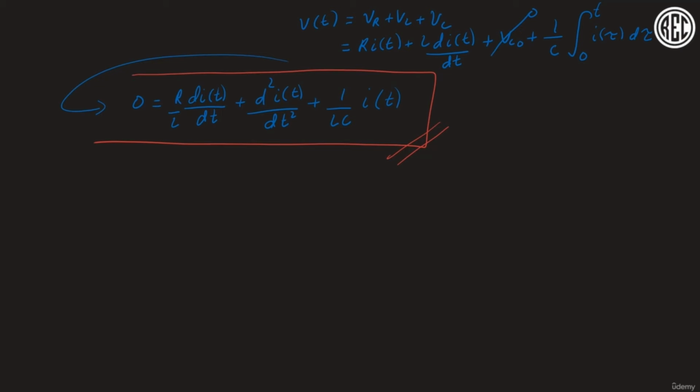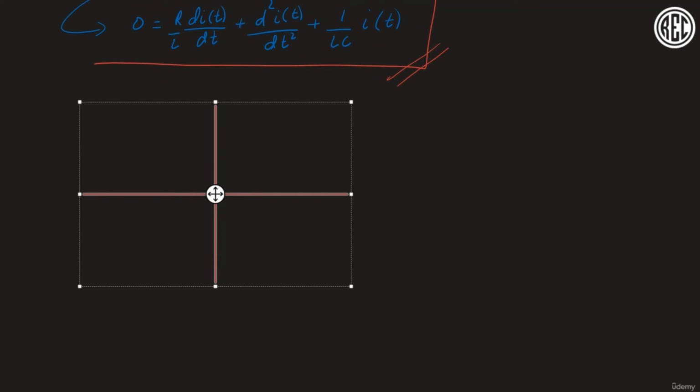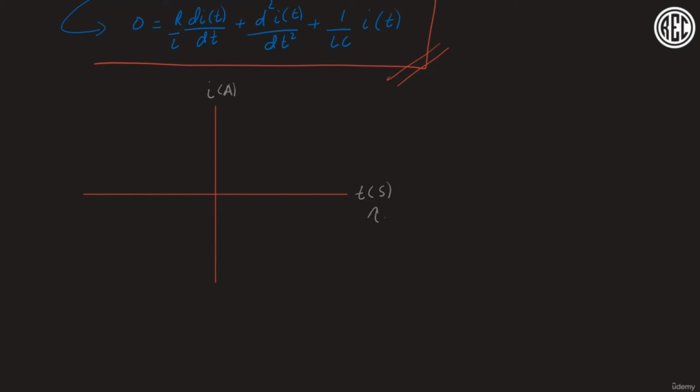And what we're going to see is that it's going to look something like this. Now this is going to depend on the values of the inductor and the capacitor and the resistor in the circuit, but in general, and let me switch colors again, if this is time in seconds, and this is the current, i of t, in terms of amps, then essentially the current is going to be 0 before we close the switch, and then once we close the switch, so we can say then that at this point we're closing the switch, then the response should be something like this.